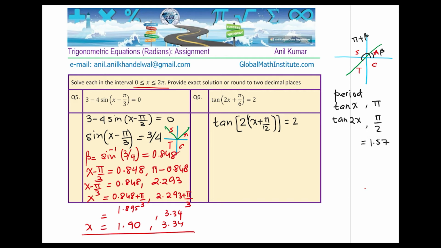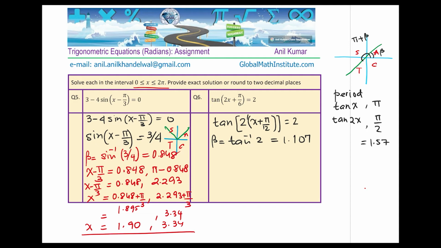So let's figure out the answers now. Beta equals tan inverse of 2, which is 1.107. So that is the value of beta.